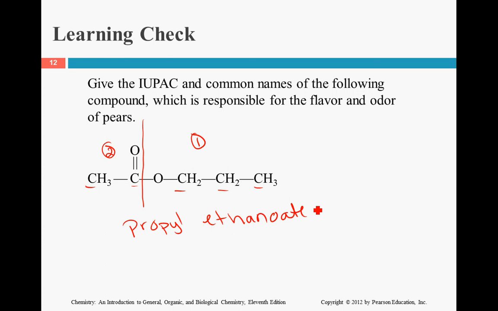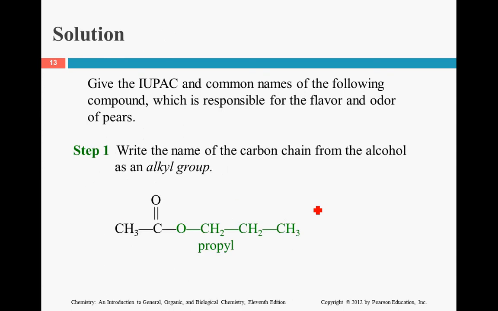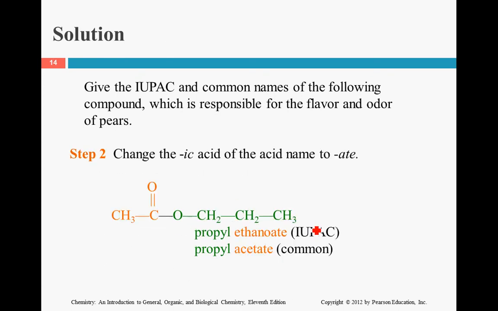Propyl ethanoate. So propyl ethanoate. Acetate is the common name, because this was originally considered acetic acid, which would have been memorized from the first section. Drop the E, the IC, and you add oate instead.